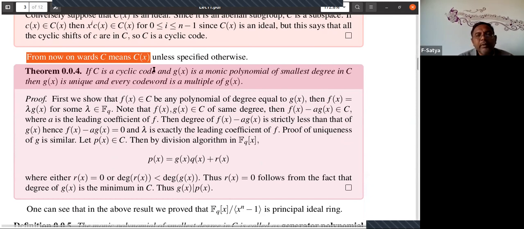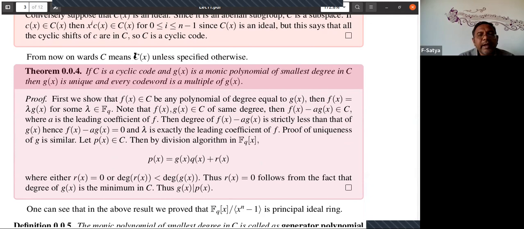So C is a cyclic code. Now C(x) is an ideal, we proved in the previous theorem, right? But this ideal is generated by a single element, it is a principal ideal. Ideals are generally generated by many elements, but if g(x) is the monic polynomial of smallest degree, then that is the generator.